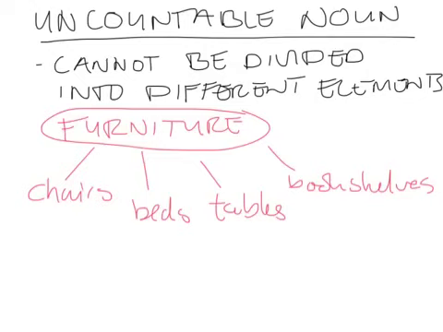It's one concept, in a sense. This means that an uncountable noun is not divided into different elements and should be considered as one entity.